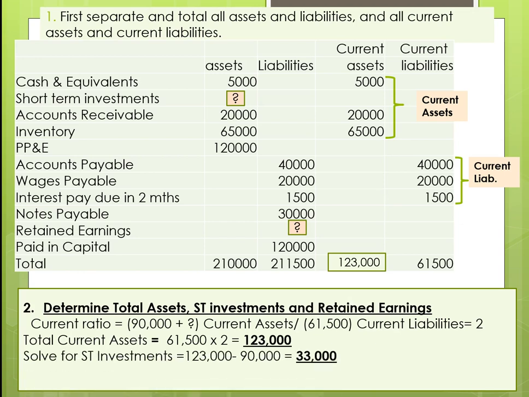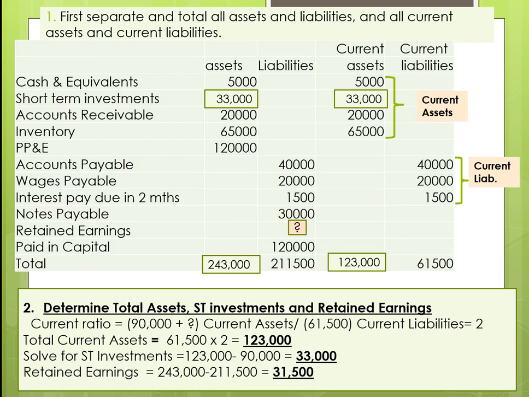Next, we're going to solve for short-term investments. We know that total current assets are $123,000. Our previous balance was $90,000, which means our short-term investments are $33,000. Now we can plug those in. Now we can solve for our total assets, which are $243,000.